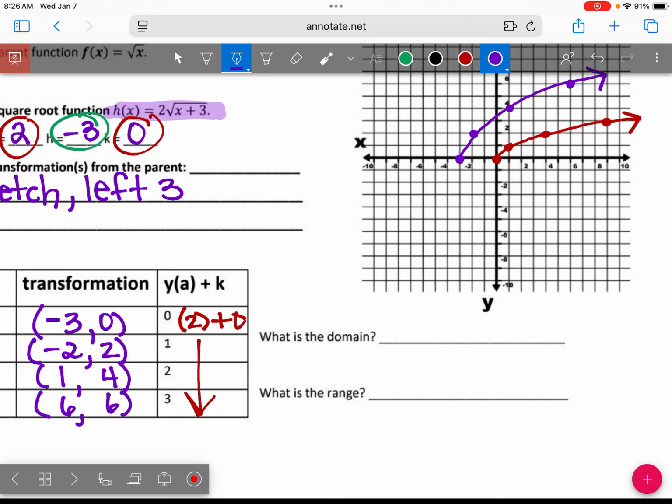Okay, so these are the numbers for my domain. My X values start at negative 3 and then they're getting bigger, negative 3, negative 2, 1, I need to put my number line back up, but it's getting bigger. So my domain is negative 3 to infinity.